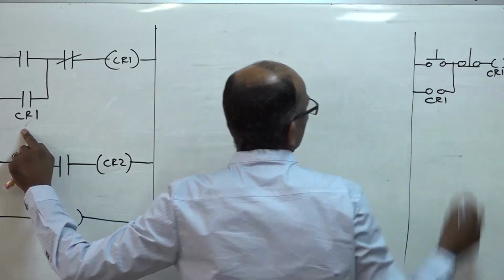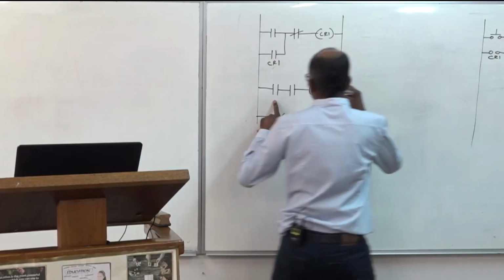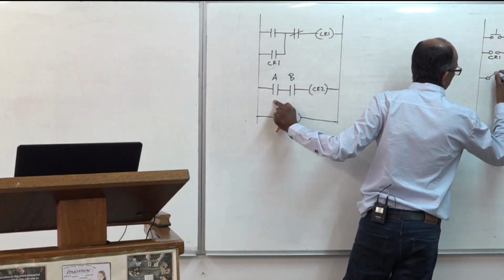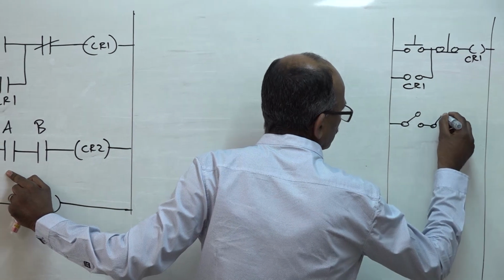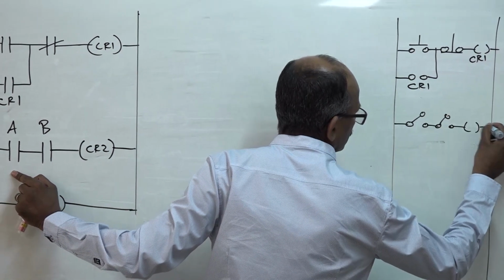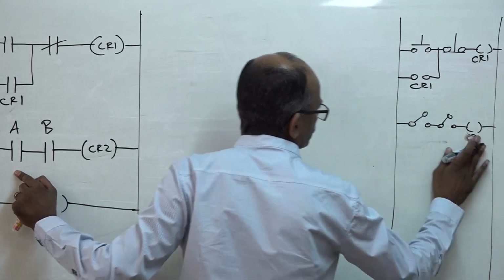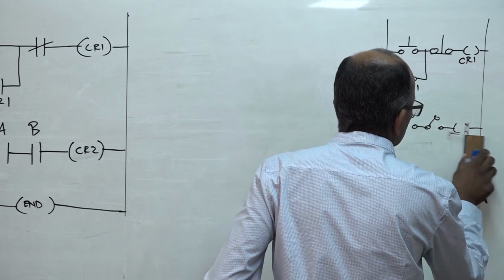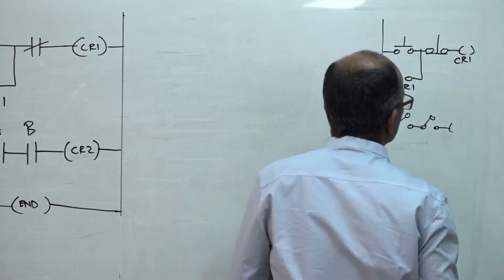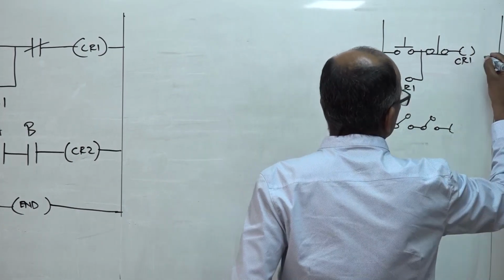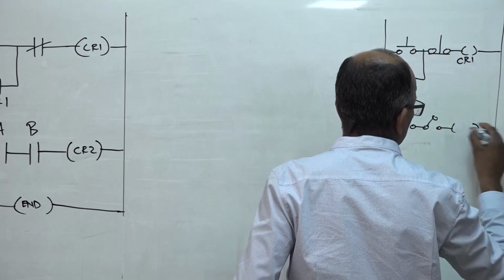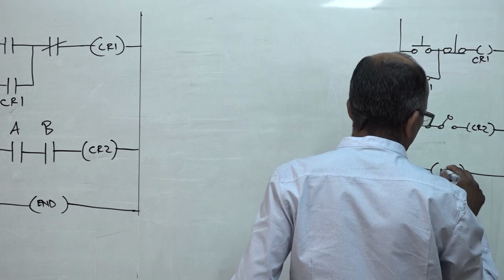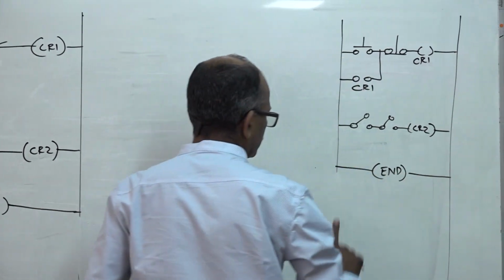I'm going to have two switches, they've called them A and B, so normally open, CR2. Let's just do it a bit neater. And end.